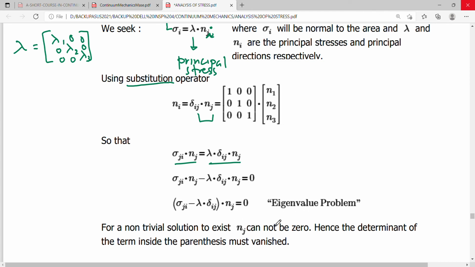Okay, so this is now an eigenvalue problem upon which the term inside the parentheses has to give you a non-trivial solution if the determinant of such value is equivalent to 0. So vanish means the determinant must be equivalent to 0, or else there will not exist any solution for lambda and nj aside from, of course, having it to be 0.